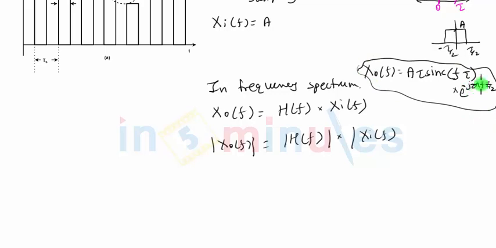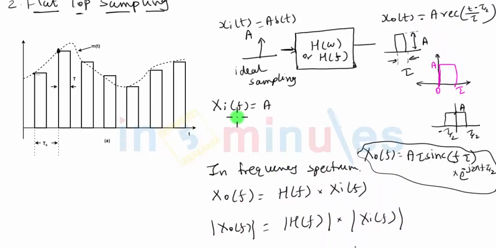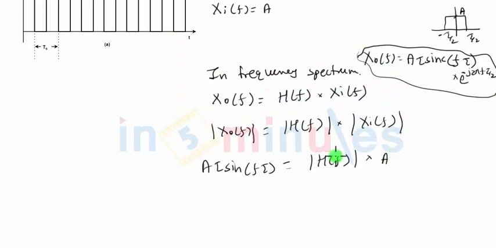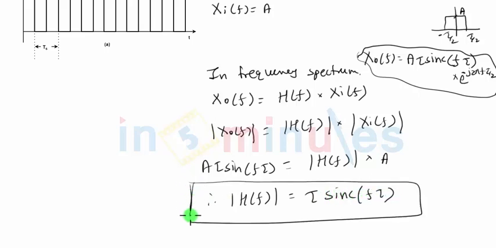E raised to minus j into anything will have a magnitude equal to 1. So the overall magnitude of X(f) will be only A tau sinc(f tau). This is equal to mod H(f) into mod X_i(f), that means the magnitude of the input spectrum. It is already a constant value, so we will simply write A here. A will cancel out from both sides, and hence the frequency spectrum of the system that we had defined will be of the form sinc(f tau). So this is what we were looking for.